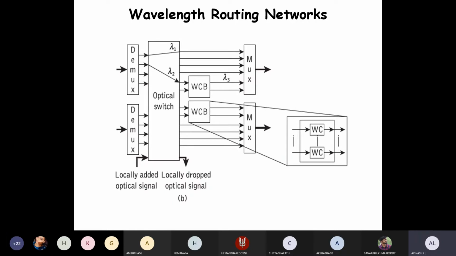After the multiplexer, all the signals will be multiplexed and go in the same channel. Understand one thing here: the input to the demultiplexer and the output of the multiplexer, only one channel is there. All the signals are multiplexed in only one channel.